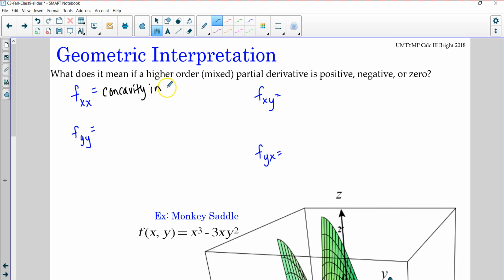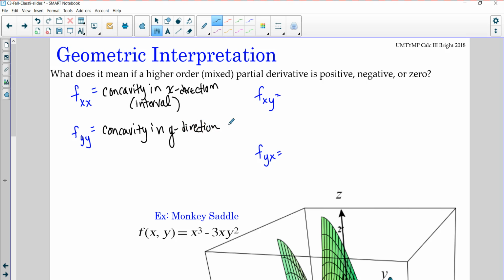So concavity in x direction. Okay, and then just a reminder, we're talking about this as concavity on an interval, right? We don't talk about concavity being a single point or a function being concave up or down at a certain point. And so this would also be concavity in the y direction.